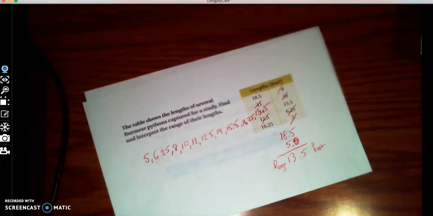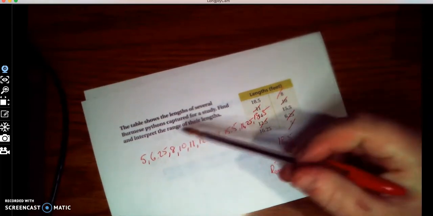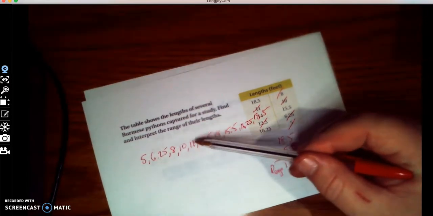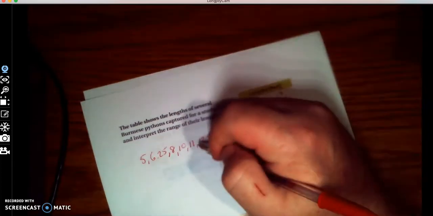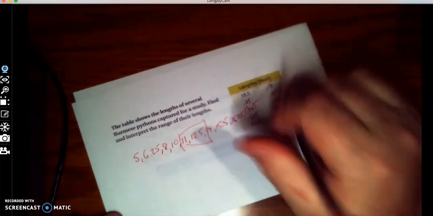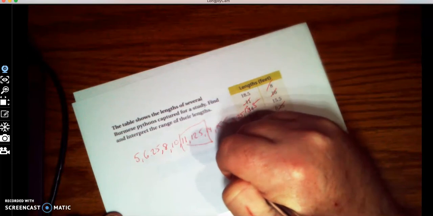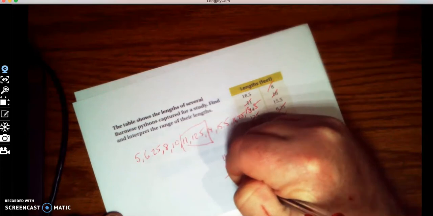So I want you to figure out the median. Remember yesterday's lesson or 2 days ago? The median is basically the middle number. However, we have 10 numbers here, so we got to find the middle two numbers. 1, 2, 3, 4, 5. 1, 2, 3, 4, 5. So the middle two numbers would be 11 and 12.5. You add those together and you would come up with 23.5.